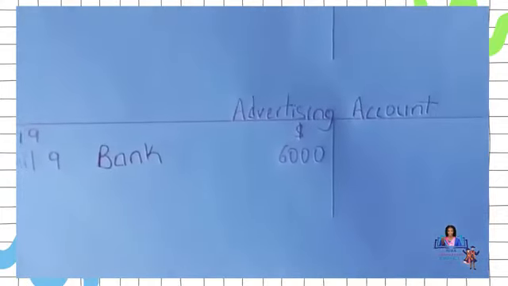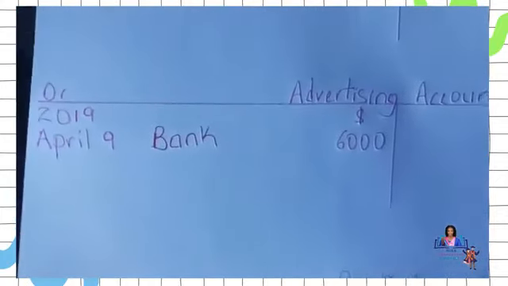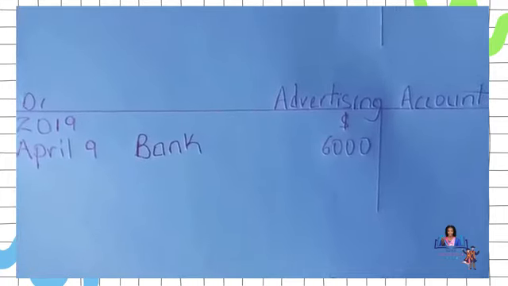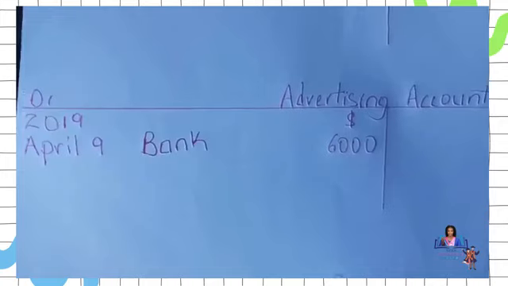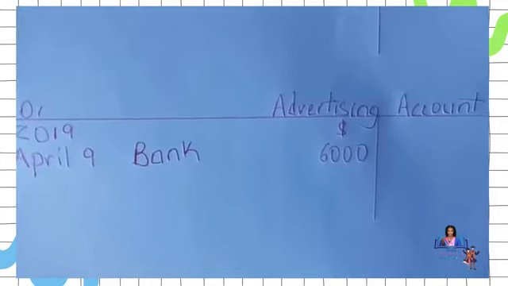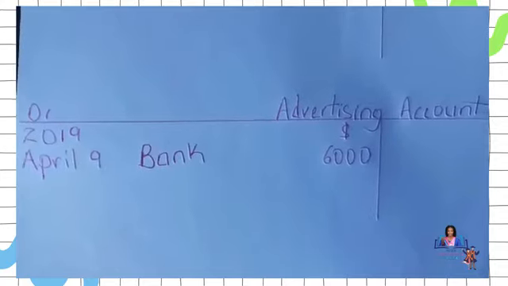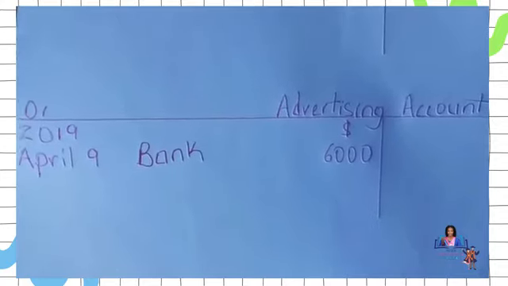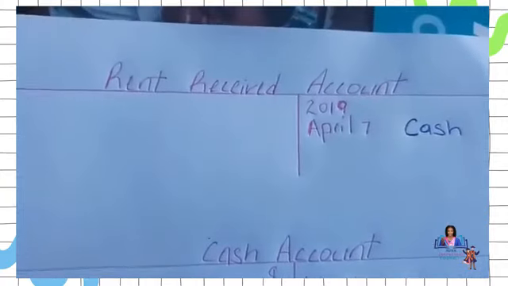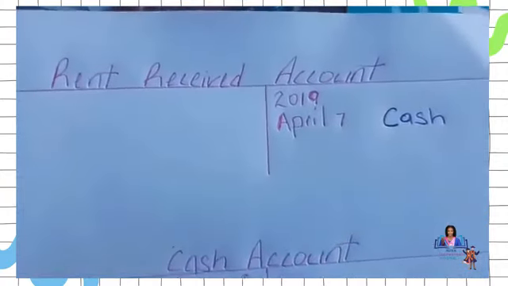And this expense account right here would make the business aware that advertising costs the business $6,000. So it makes the business aware of exactly how much a particular expense costs the business and how much is being generated through a particular revenue.